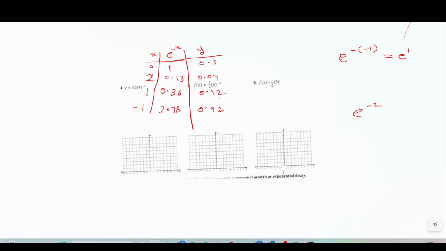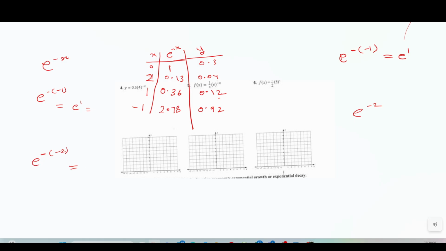Yeah, negative 1 I did. See, the function is e to the power negative x. So if I put negative 1 in place of x, two negative signs will become positive. So you get e to the power 1. If you put negative 2, it is already a negative function.